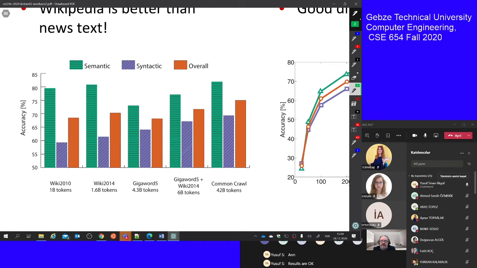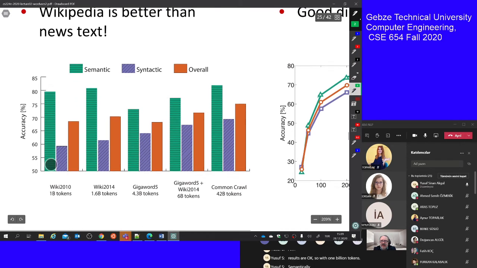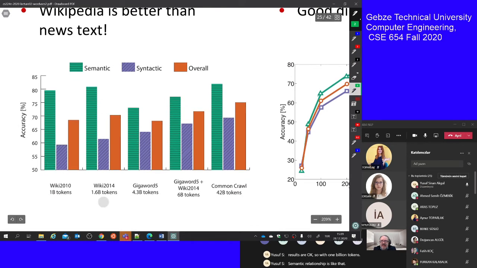So with 1 billion tokens, semantic relationship is like that. 1 billion, 1.6 billion, 4.3, 6 billion, and 43 billion. It looks like these syntactic relationships are getting better and better. For the semantic ones, the size does not matter that much, I guess. For some reason, I guess this data set is a little bit noisy. Maybe just because of that, the numbers went down.